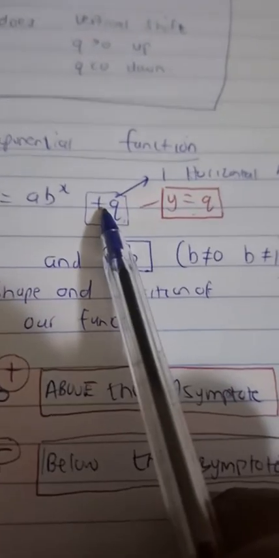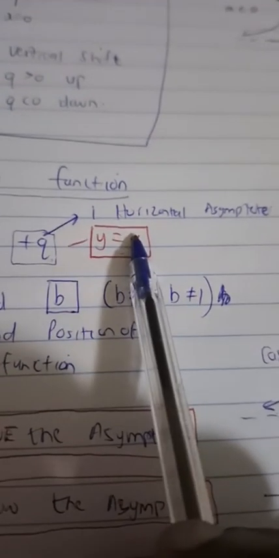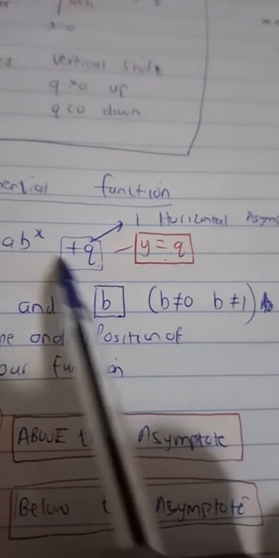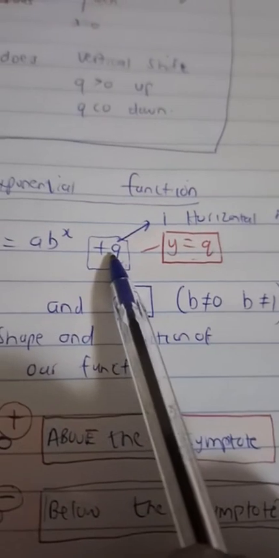And remember, the q value gives us the horizontal asymptote. The equation of the horizontal asymptote is always y is equal to this particular q value. So y is equal to whatever the value of q is. And what does this q value do? It does the same thing that we had spoken about when the hyperbola is concerned.